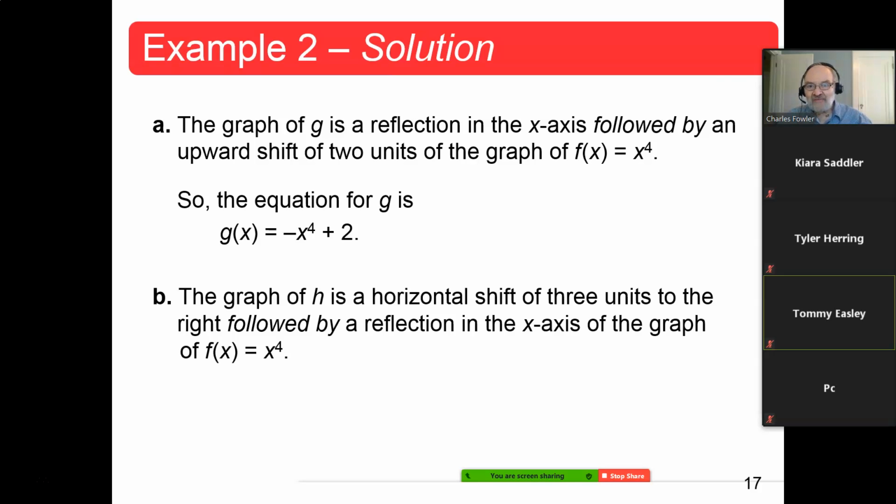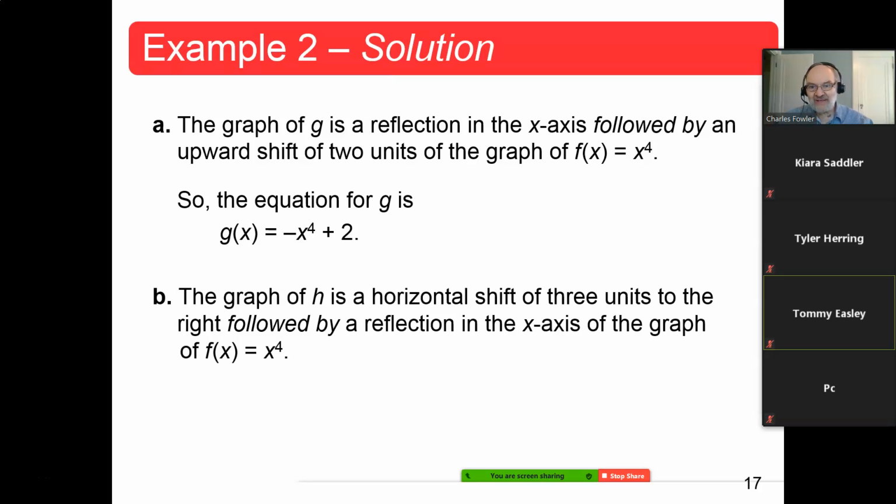Up here, if you had shifted first and moved it up 2, it wouldn't have then been a reflection in the x-axis. It would have been a reflection in the line y equals 2. And that then just makes it a little more awkward to talk about. So if you reflect first and then shift, you have no ambiguity.